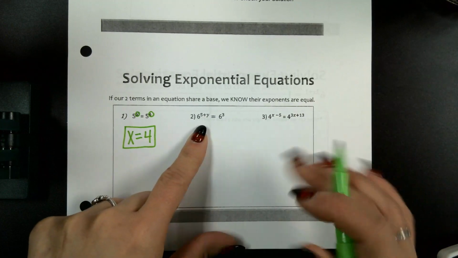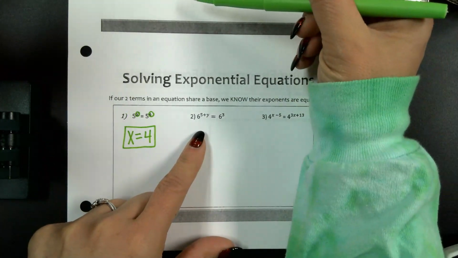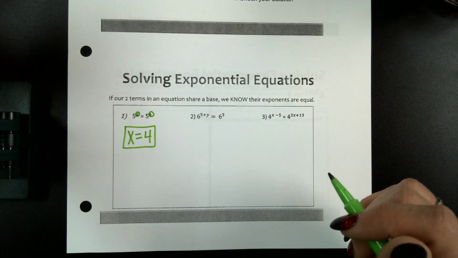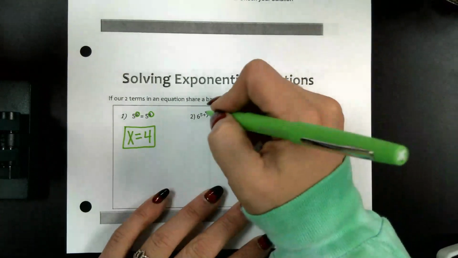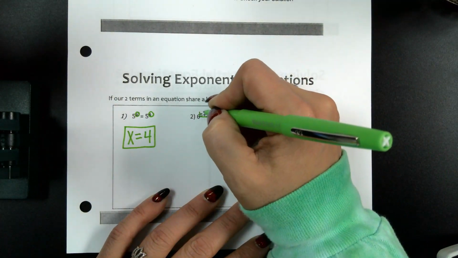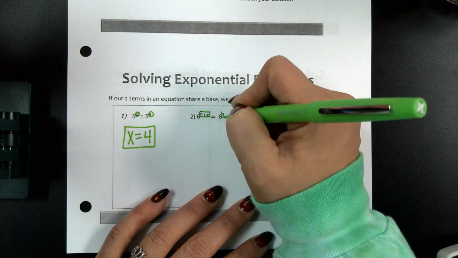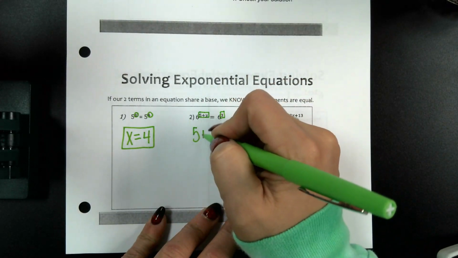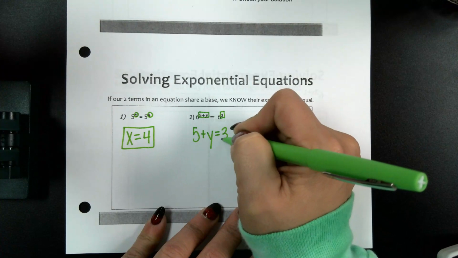If we move to this one, which was the example at the top, do they have the same base? Again, as long as their bases are the same, all you have to do is set their two exponents equal. So I would write 5 plus y equals 3.